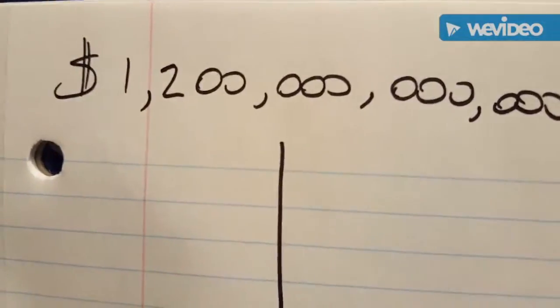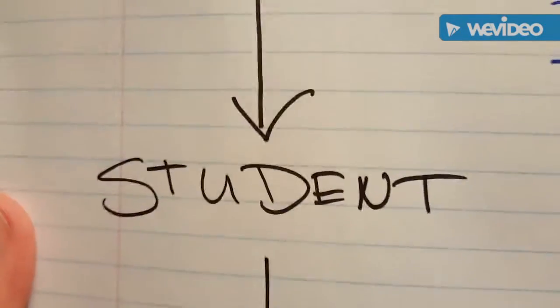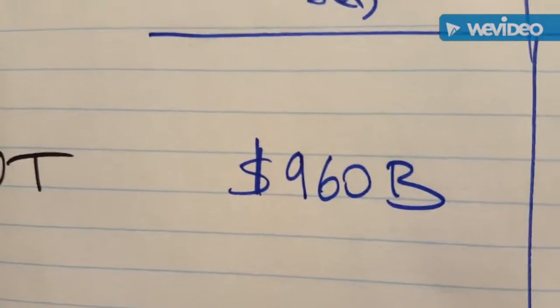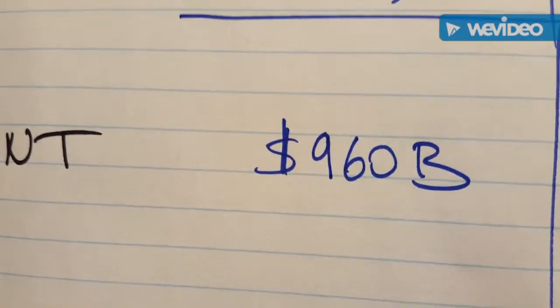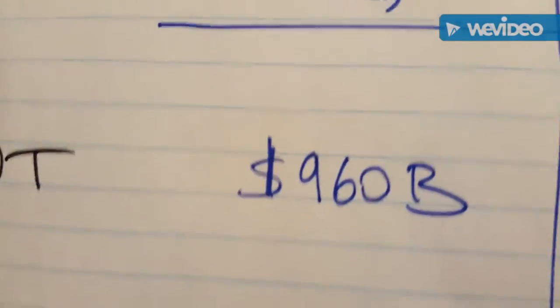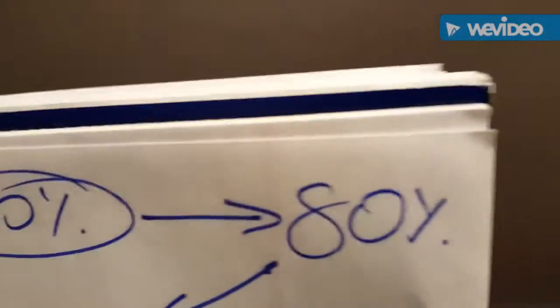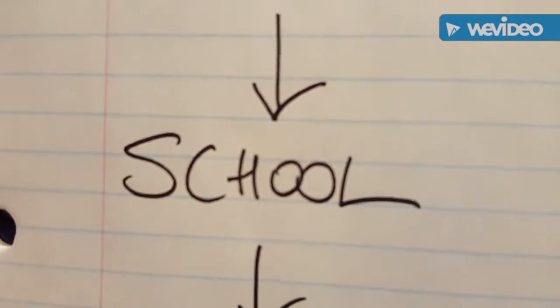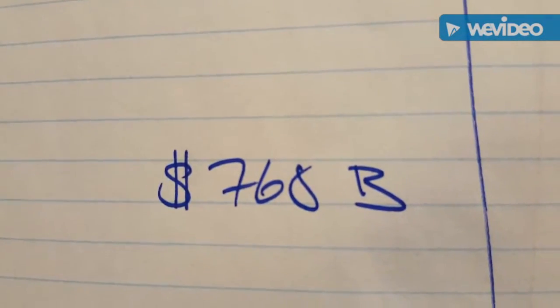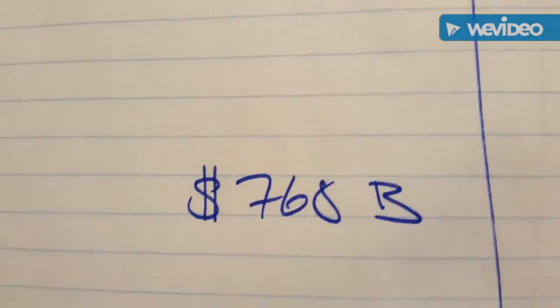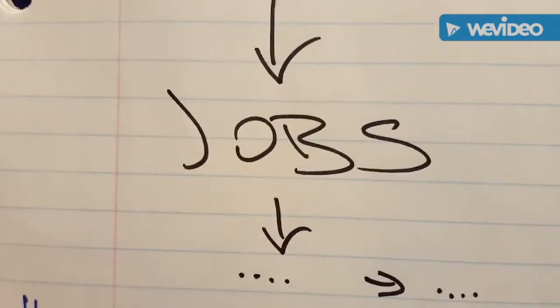So $1.2 trillion trickles down through the multiplier effect to the student, and the student keeps $960 billion. But he doesn't keep it. He spends it. He keeps 20% of it. So the 20%, minus whatever, equals the 80% that gets passed down to the school. Now the school keeps 20% and injects billions of dollars into jobs.